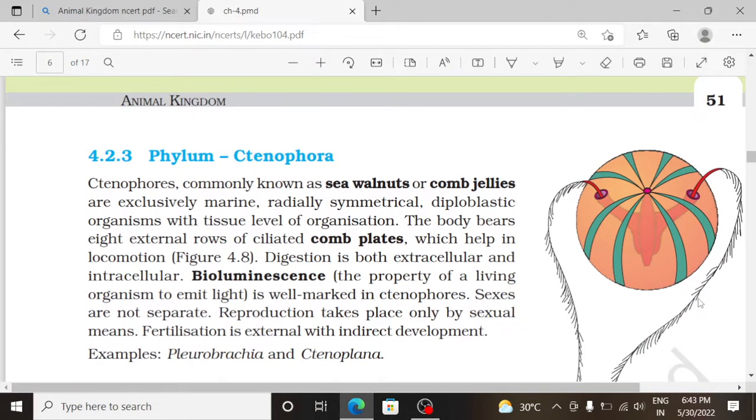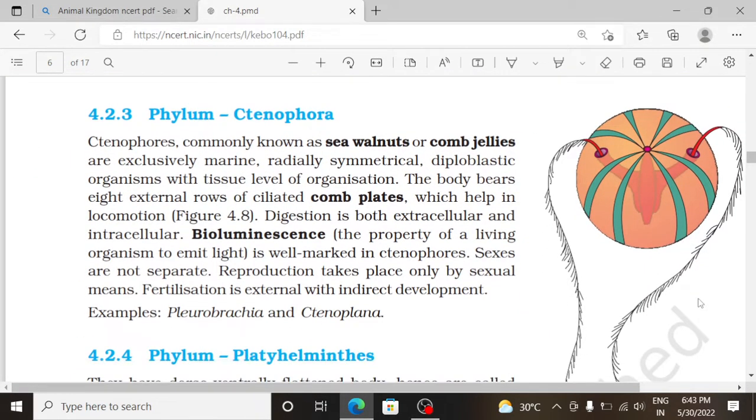Now phylum Ctenophora, and its spelling is C-T-E-N-O-P-H-O-R-A. Ctenophores, commonly known as sea walnuts or comb jellies, are exclusively marine, radially symmetrical, diploblastic organisms with tissue level of organization. The body bears 8 external rows of ciliated comb plates which help in locomotion. Digestion is both extracellular and intracellular.